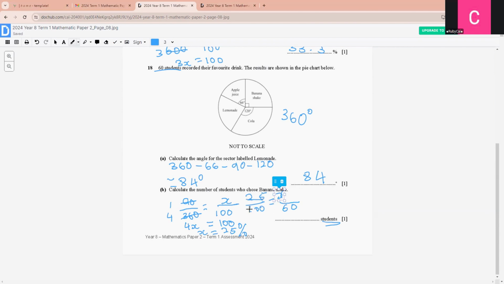So we can simplify this as 1/4. So this becomes 4x equals to 60. And simplifying that, x equals to 15. So that means there are 15 students who chose the banana shake.